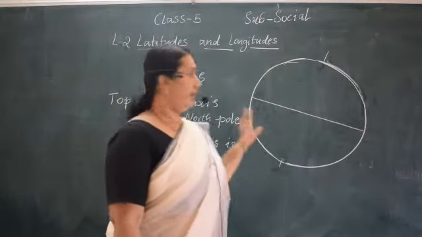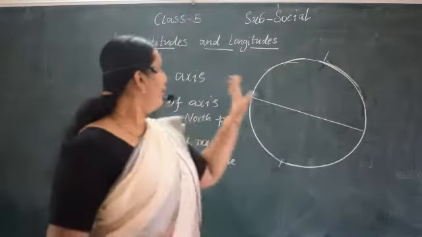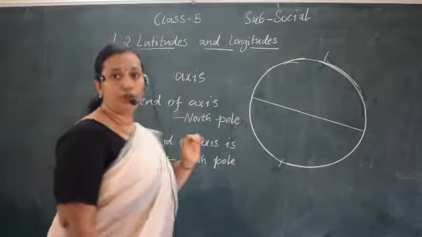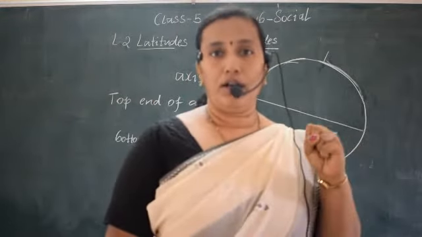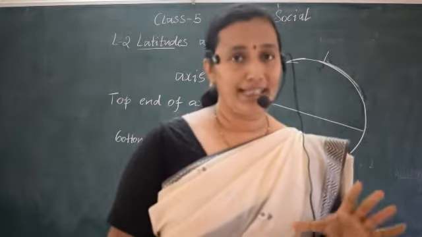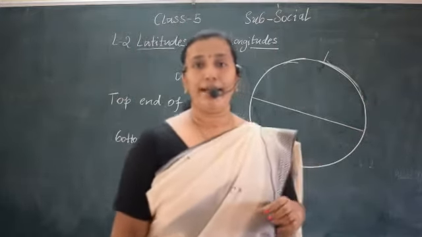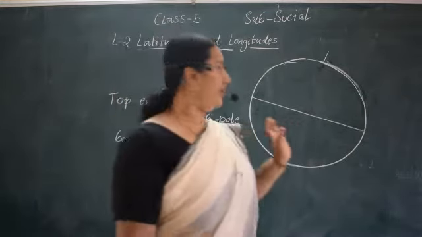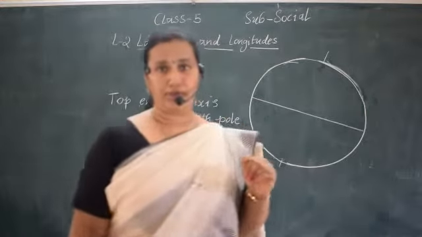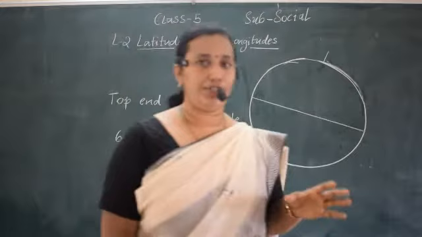Okay? Next, we'll start with latitudes. In today's class I will explain what is latitude, what are the characteristics or features of latitudes, and how the latitudes are numbered. Why are both of these there on the earth, latitudes and longitudes?